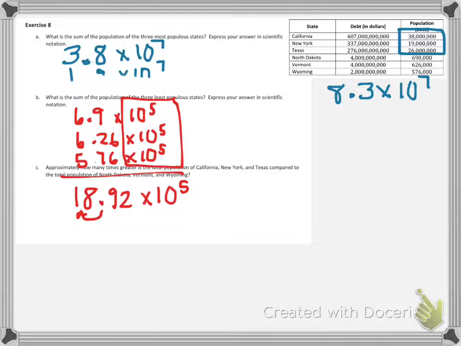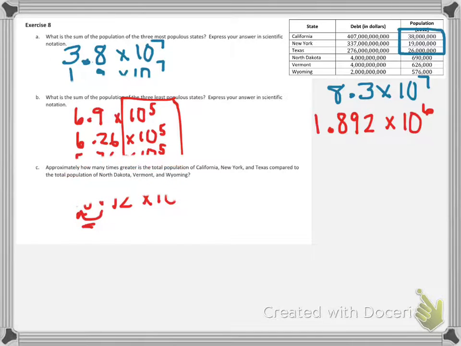So I'm going to put that over here, 1.892 times 10 to the 5 plus 1, because I moved 1 place. So this is 10 to the 6th power. Okay, so there's the sum of the 3 least populous states. And then I want about how many times greater the total population of California, New York, and Texas are compared to the 3 smallest.